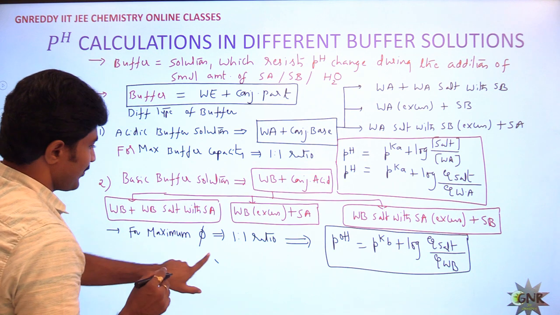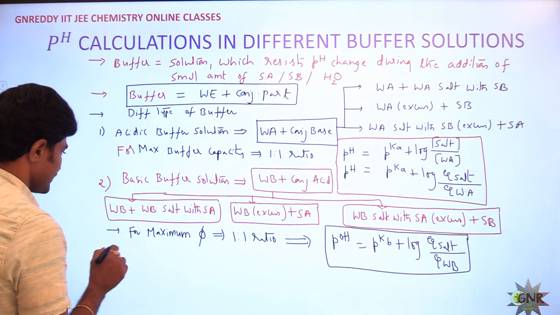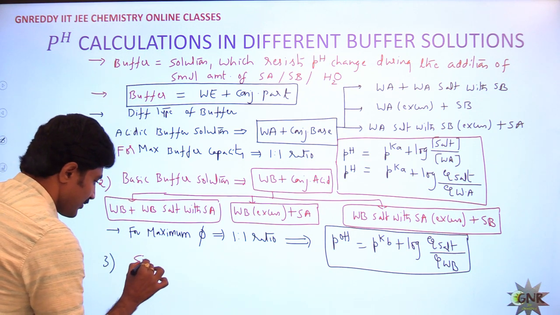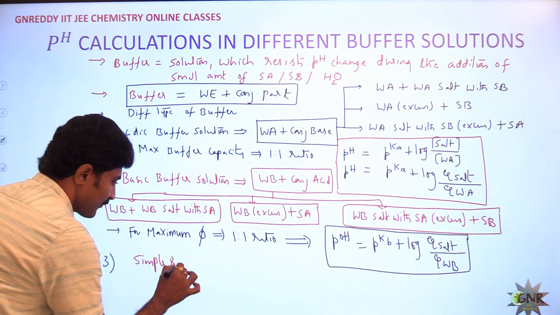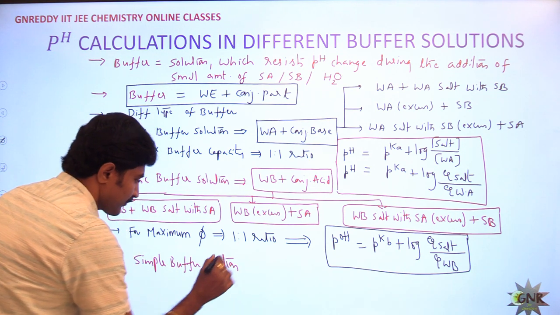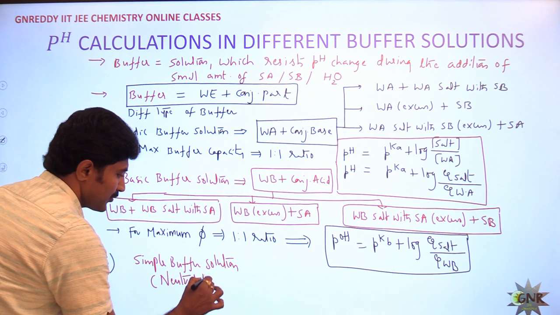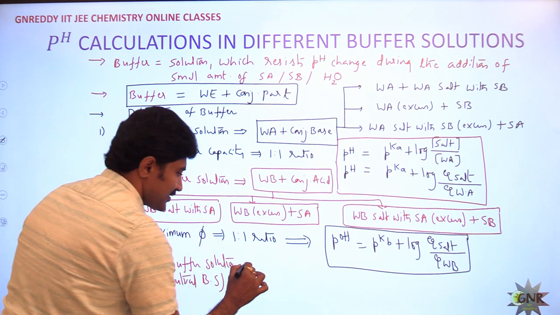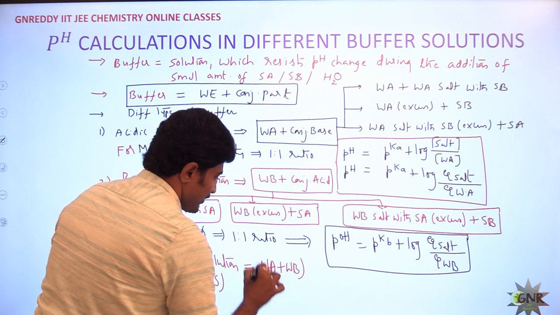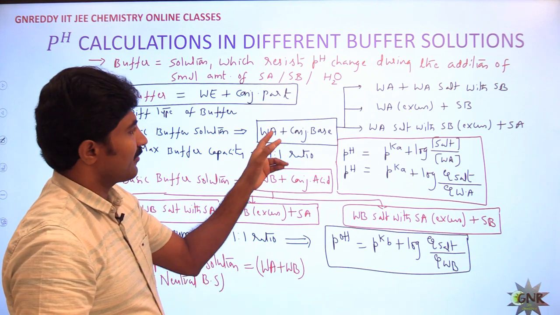And the third type of buffer solution is the simple buffer solution, also known as a neutral buffer solution. Here this is the combination of weak acid and weak base mixture, that is weak acid, weak base, and salt.